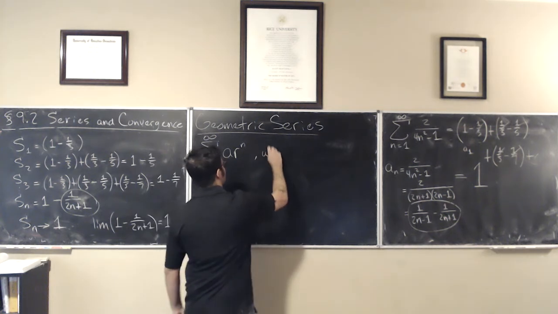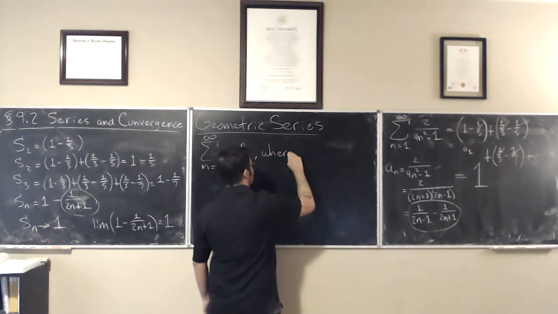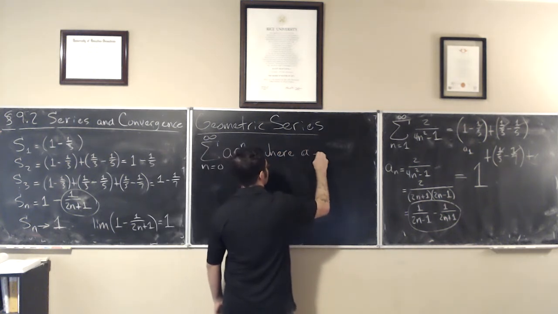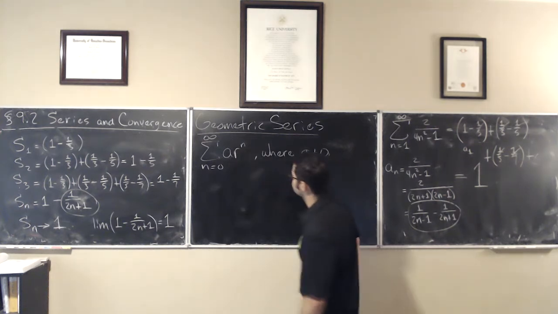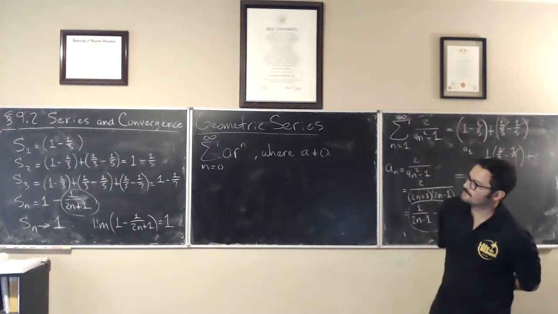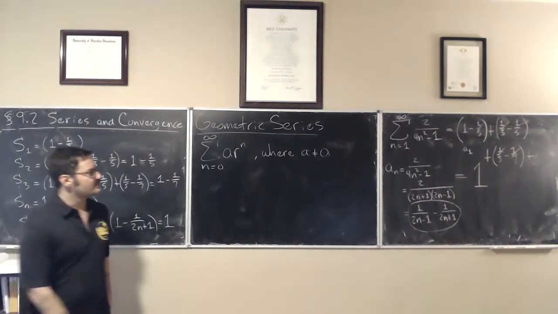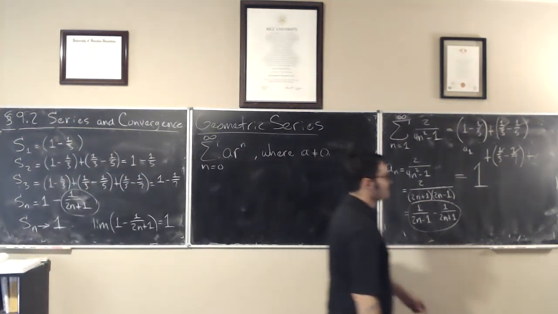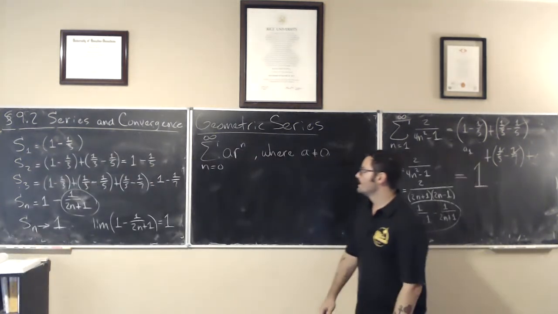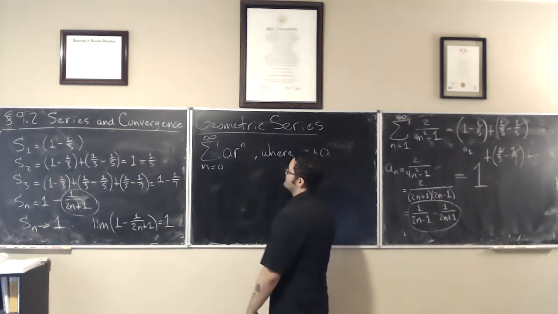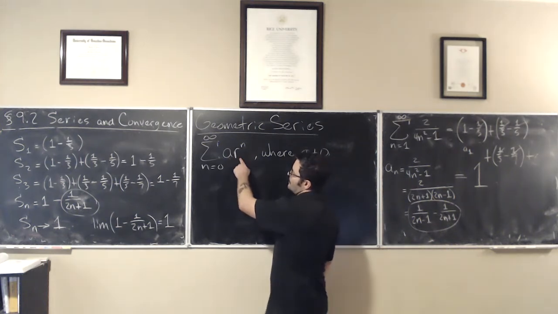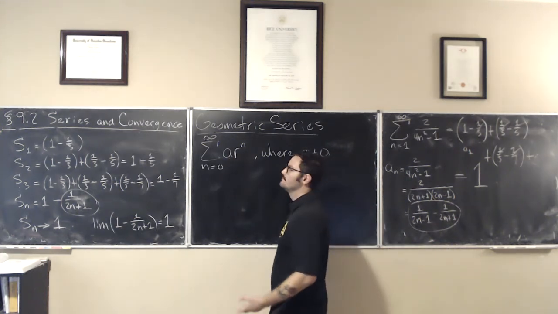The first series that we looked at, 1 over 2 to the power n, would have been geometric. A would have been 1, and r would have been 1 over 2.